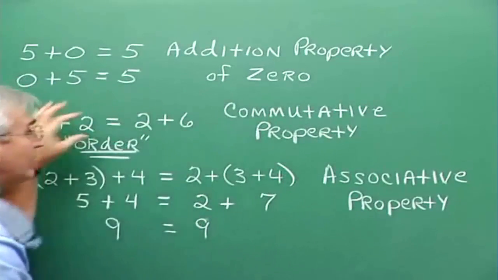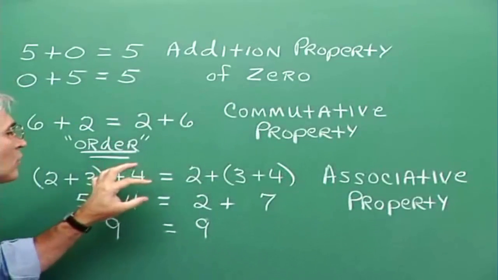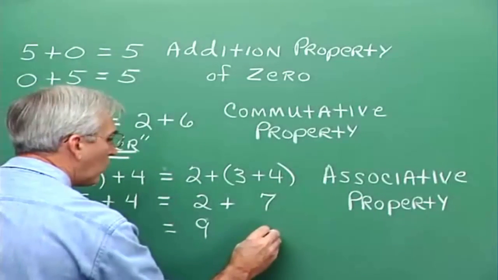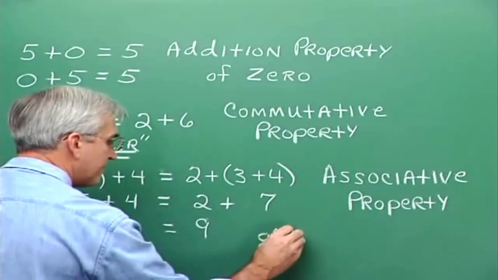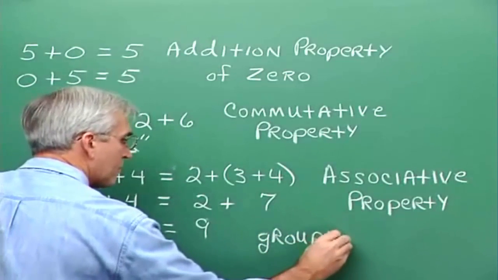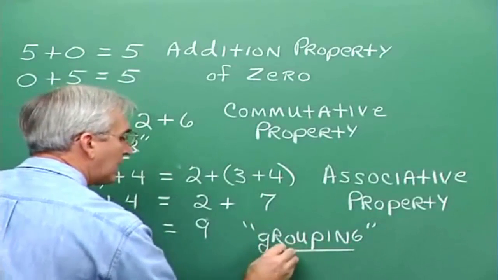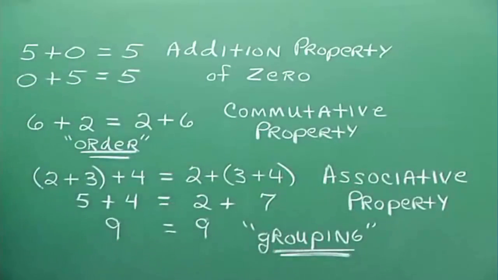We're not using this commutative idea. We are reassociating them or regrouping them. So the associative property has to do with the word grouping. So here's the operative word when we're talking about the associative property, and order is the operative word when talking about the commutative property.